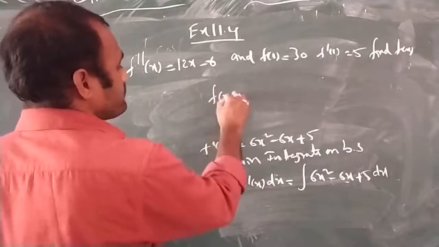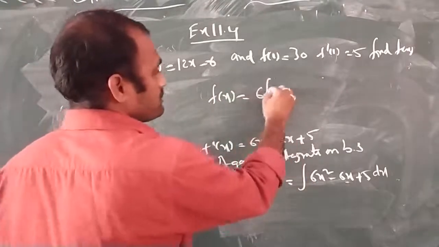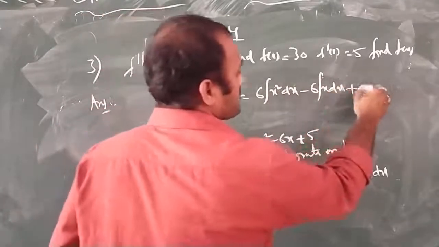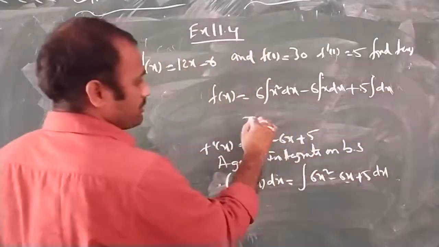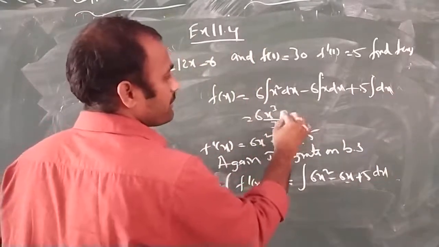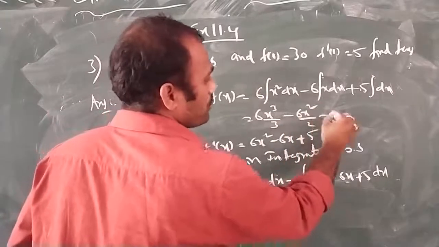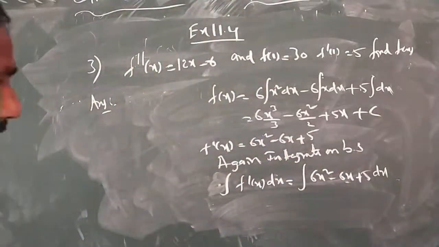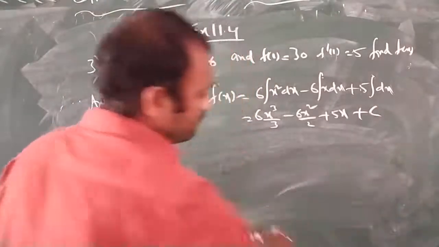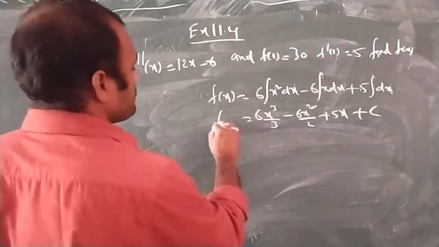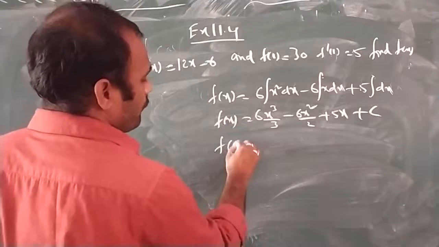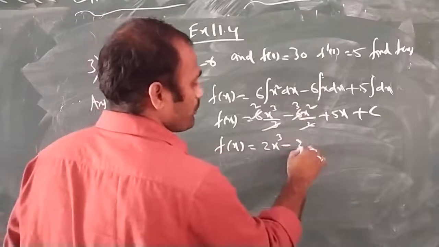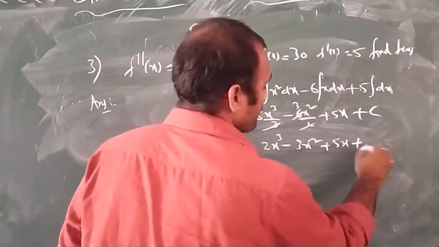So f of x is equal to 6 integration of x square dx minus 6 integration of x dx plus 5 integration of dx. So 6 into x cube by 3 minus 6 into x square by 2 plus 5x plus a constant c. This is f of x. So f of x is equal to, 3 ones are 3, 3 twos are 6, 2 threes are 6, so 2x cube minus 3x square plus 5x plus a constant.